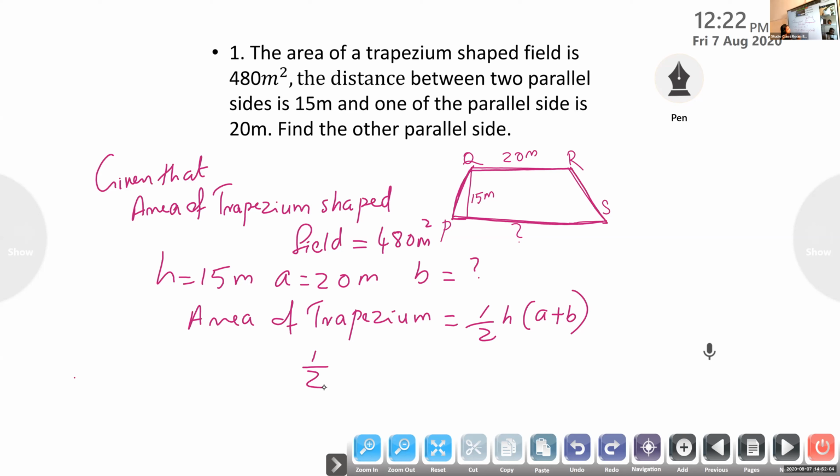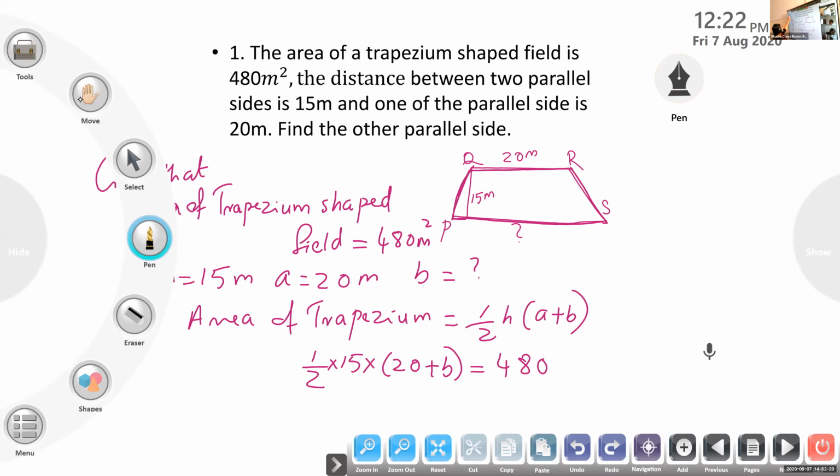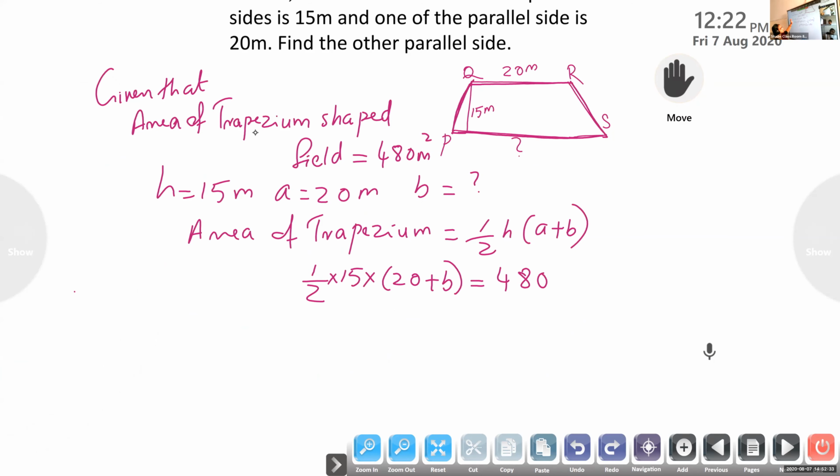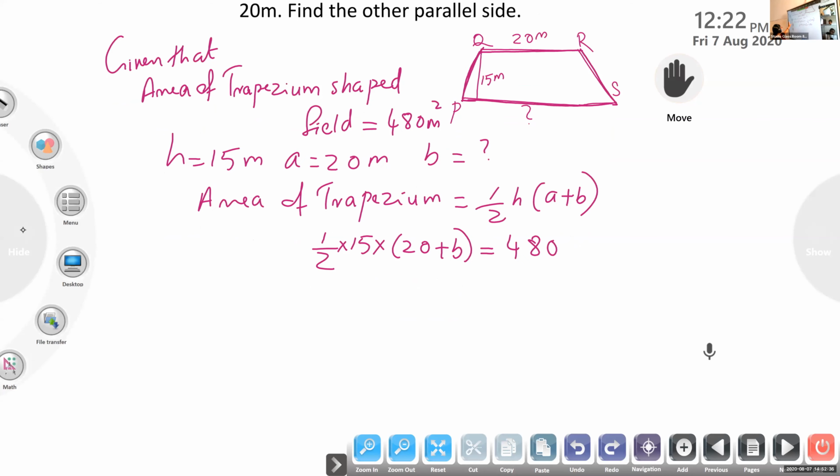So half into 15 into 20 plus b equal to 480.